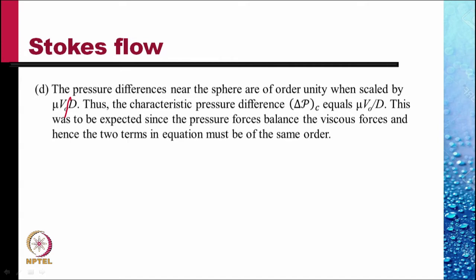Another property, the pressure differences near the sphere are of order unity when scaled by mu V naught by d. Thus, the characteristic pressure difference delta P characteristic equals mu V naught by d.